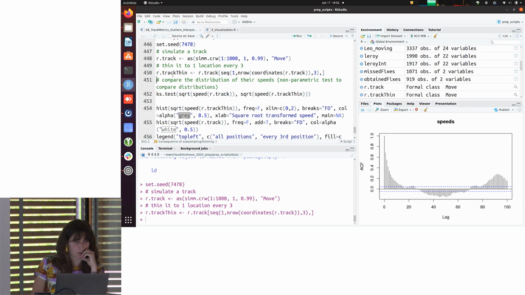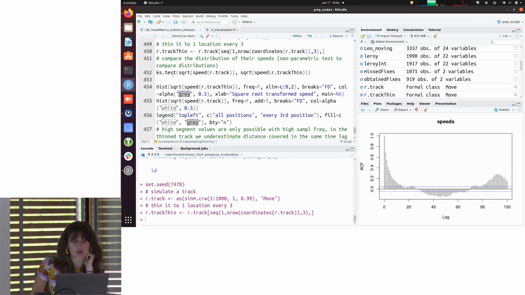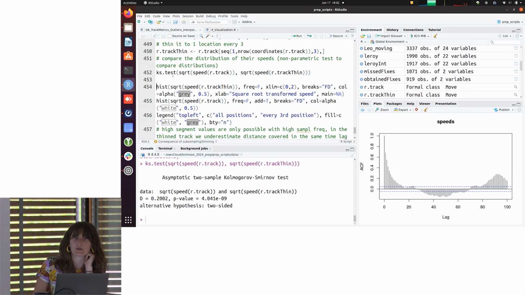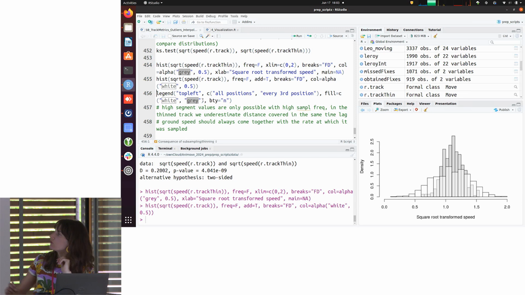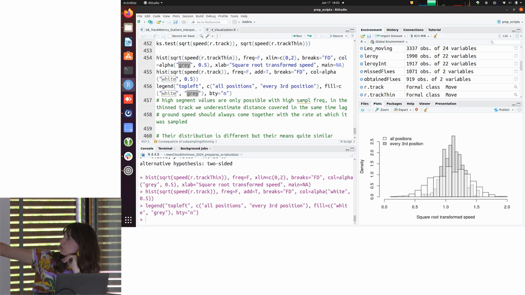Then we compare the distribution of speed. We calculate speed on the original simulated track and on the thinned track, and we see that the distribution is different. How is it different? We plot this, and I already showed this in the presentation. In the lighter color, all the positions, so the entire simulated trajectory.